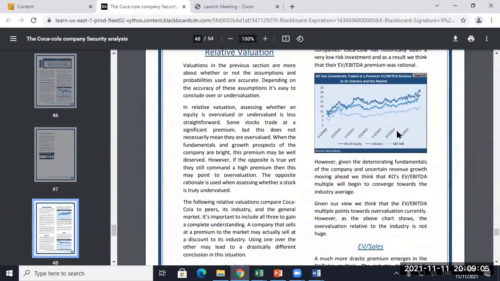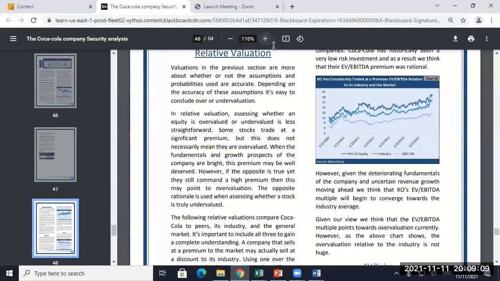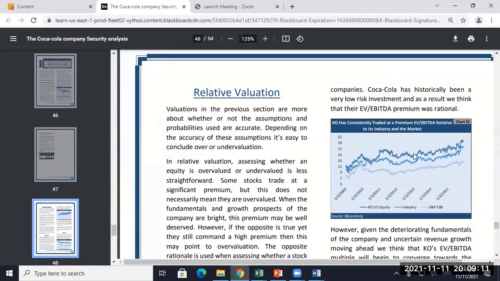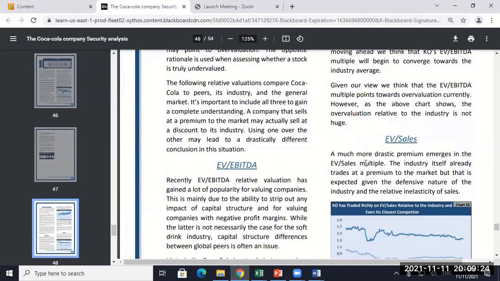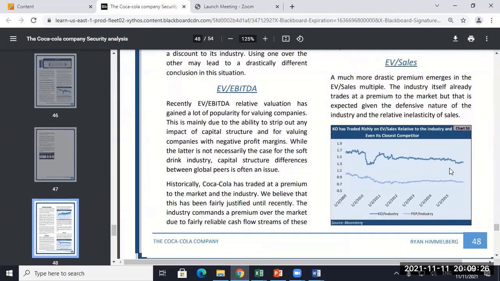Okay, relative value. So he did it the other approach. He put their PE ratio, the industry, and the S&P 500. Coke has consistently traded at a premium to its industry and the market. EV to sales. Here it's interesting what I did, Coke versus Pepsi. You could certainly do that. You'd have to run the model twice.